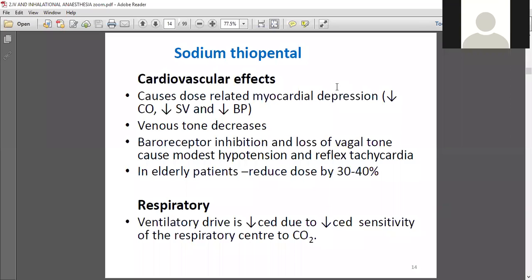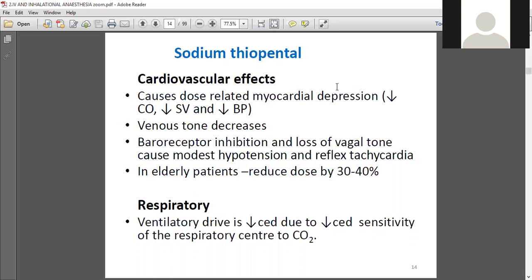Of course there are some drugs that are safe for cardiovascular problems. Ketamine is very good, it does not cause cardiovascular or respiratory depression, but sodium thiopental does.